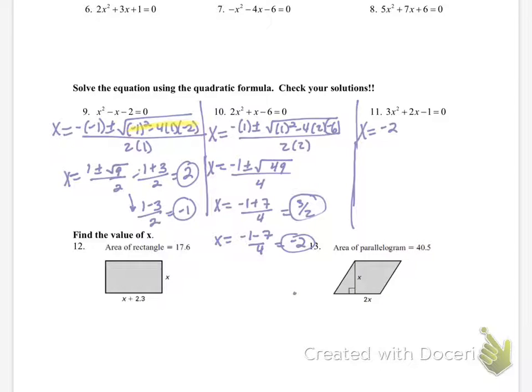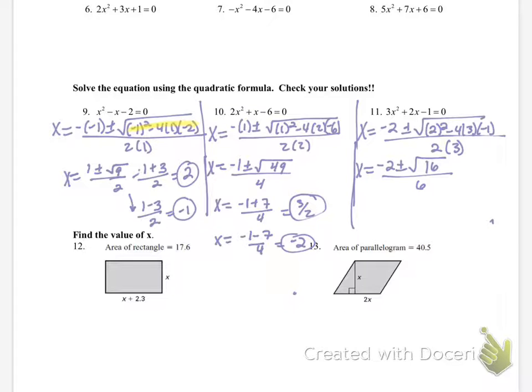So negative 2 plus or minus the square root of 2 squared minus 4 times 3 times negative 1, all over 2a. So 2 times 3. So now x equals negative 2 plus or minus, 2 squared is 4. 4 times 3 times negative 1 is 12. 4 plus 12 is 16 over 6.